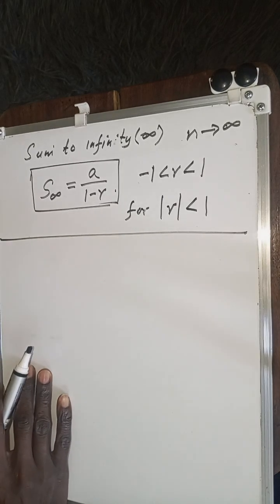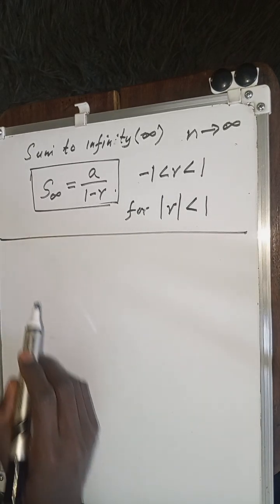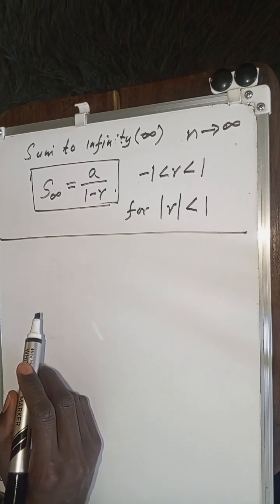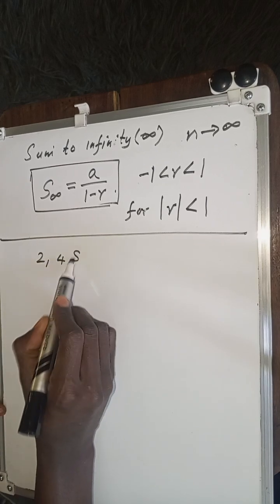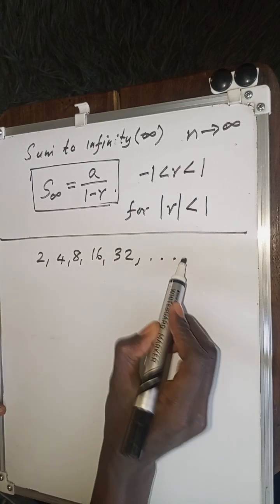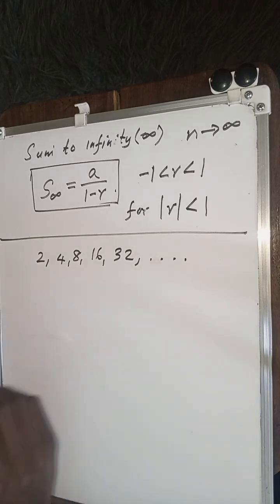Now let me show you a pattern in what we are calling a geometric progression. Imagine that you have the sequence 2, 4, 8, 16, 32, and so on. They can tell you to find the common ratio.